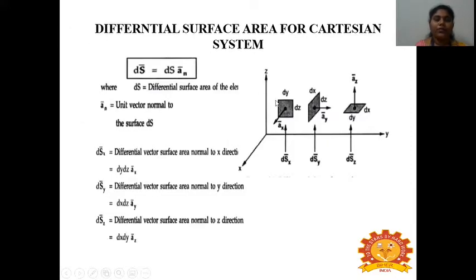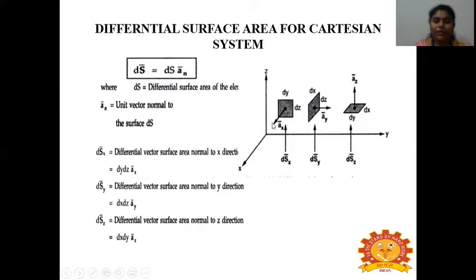Then we have to find the differential surface area for the Cartesian coordinate system. The formula is the vector ds equals ds into an vector, the unit vector normal to the surface ds. First, consider the normal to the x direction, where the unit vector is the ax vector.